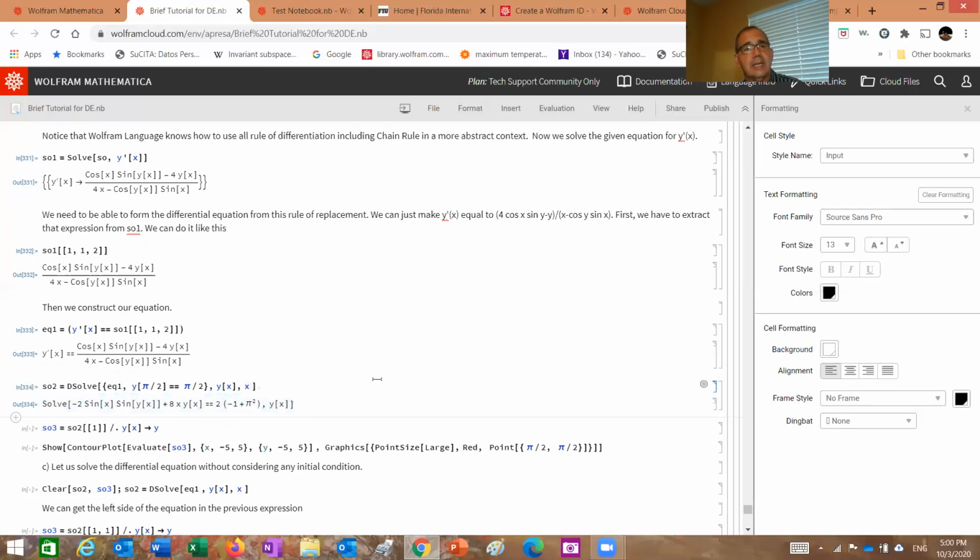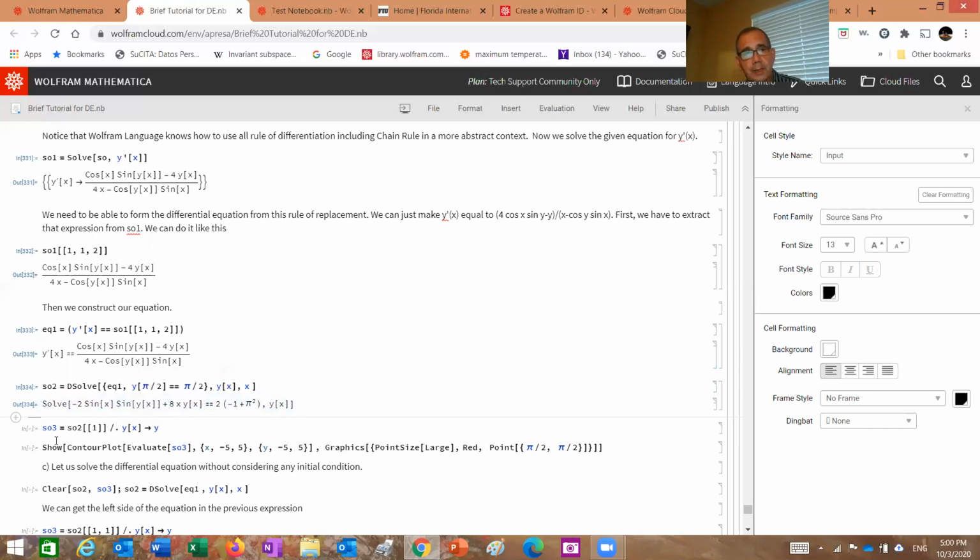It's answering the question with another question: can you solve this equation for y of x? If you can, this is going to be the solution. But we cannot do it, because if the Wolfram language doesn't do it, it's because this is going to be a very hard problem.